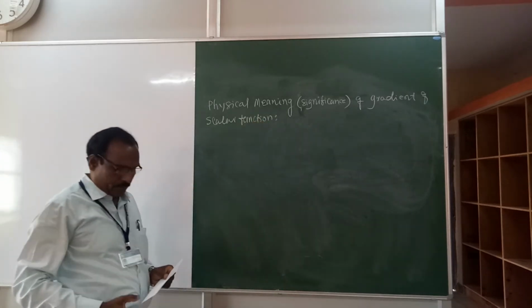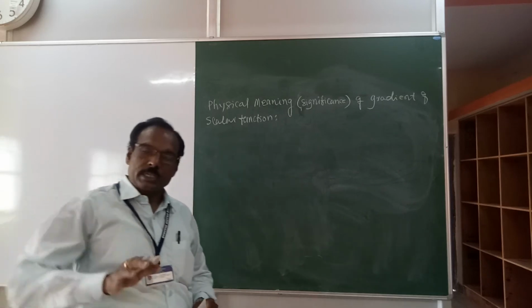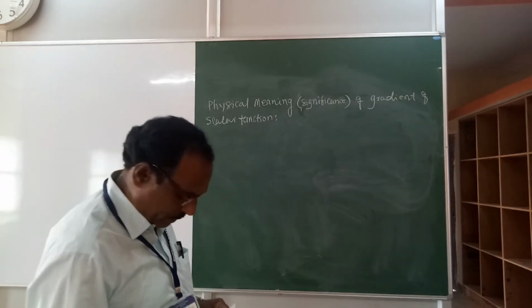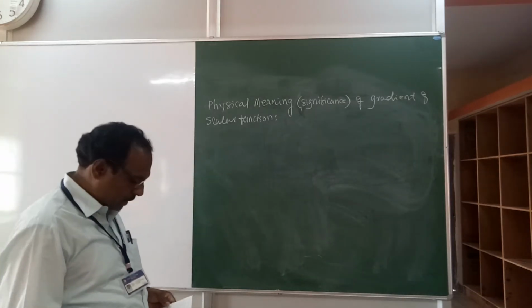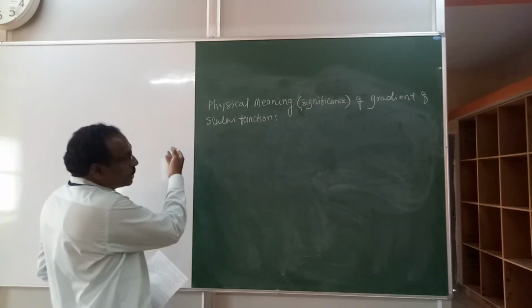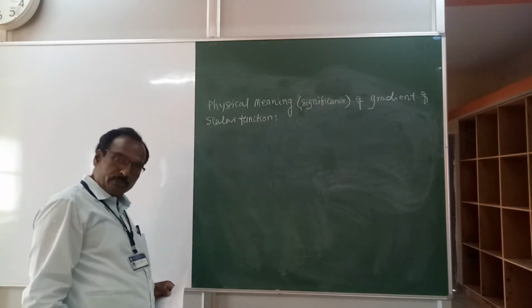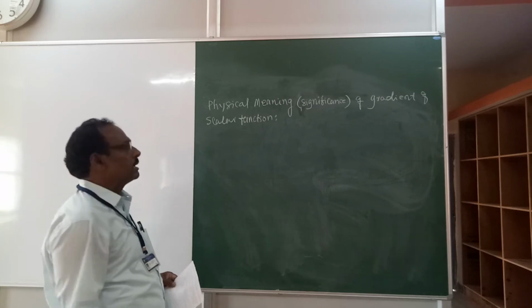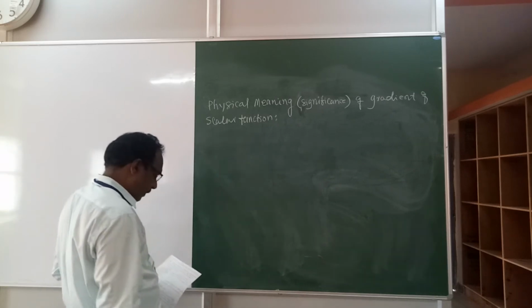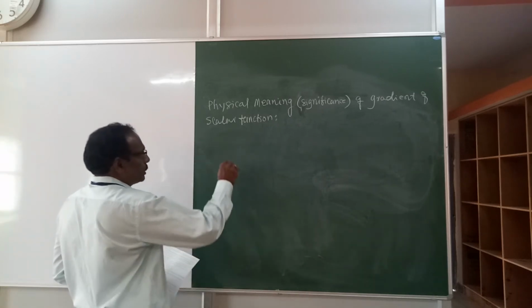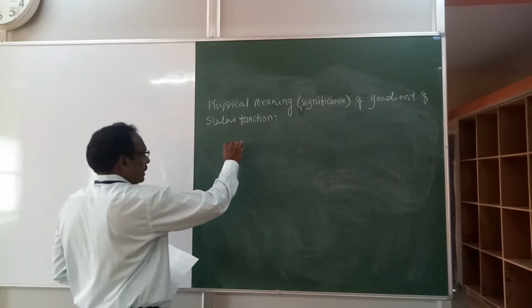For this, we know the scalar field, say temperature or electric potential, is represented by level surfaces. So let us consider two level surfaces.